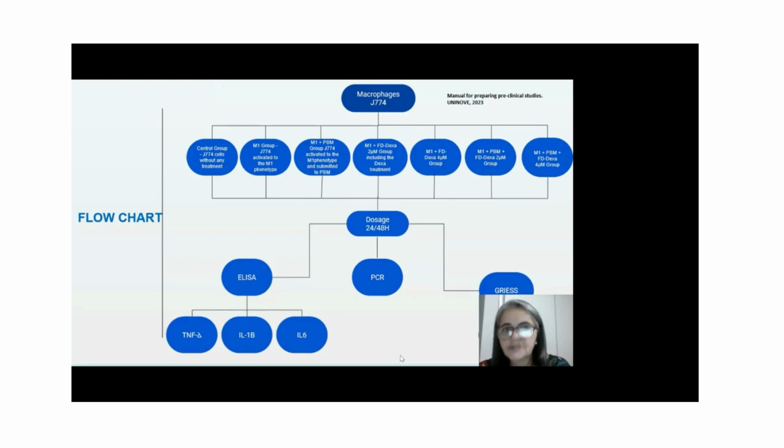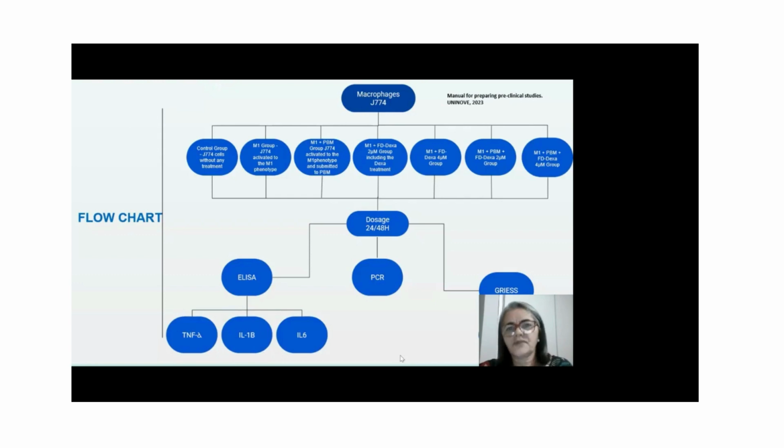After treatment, all cell groups will be incubated for 24 and 48 hours at 37 degrees with 5% CO2.